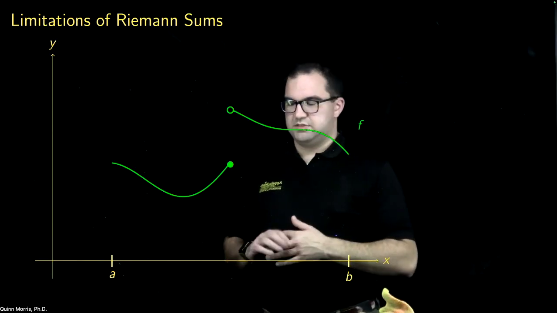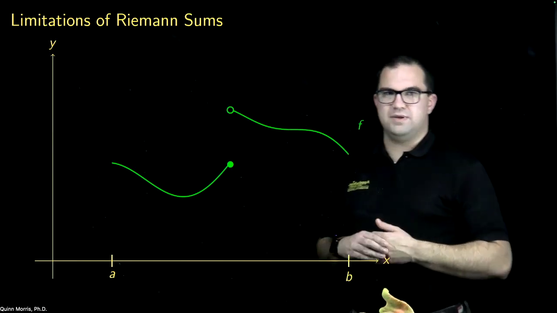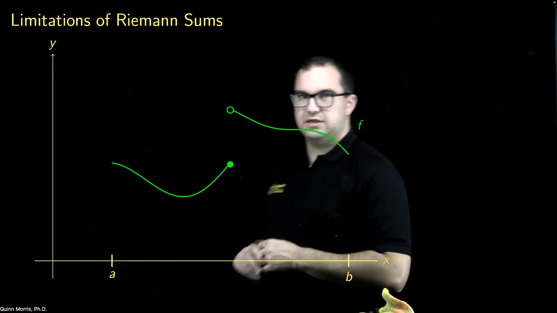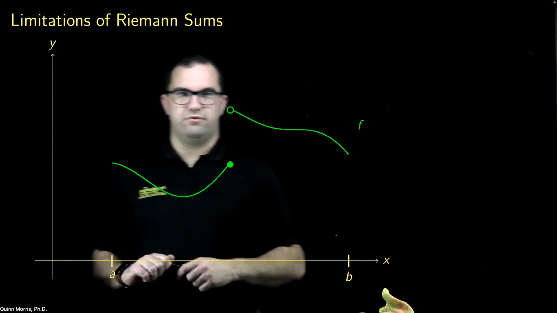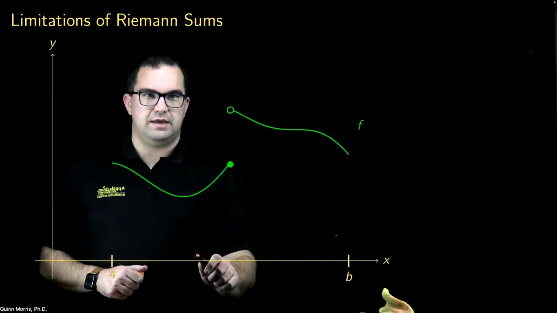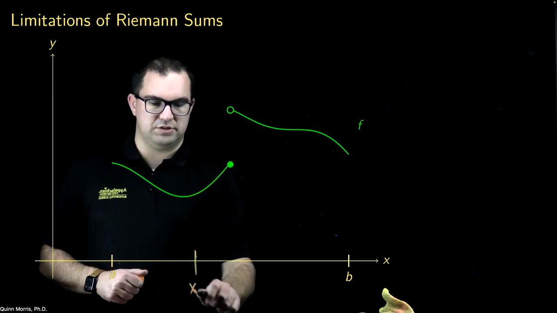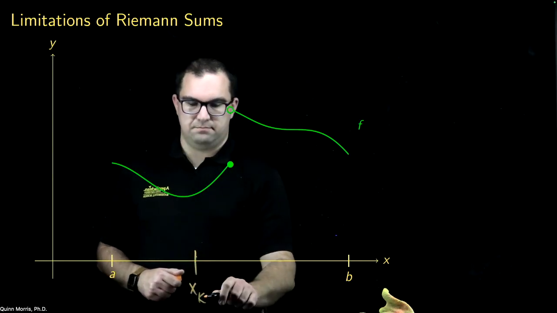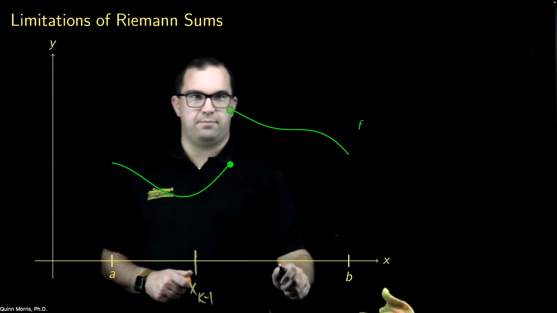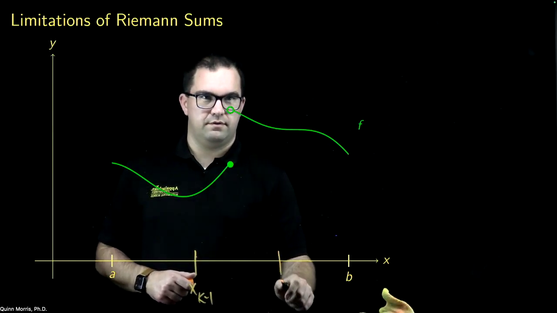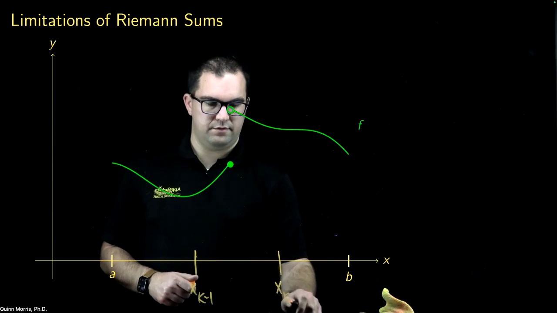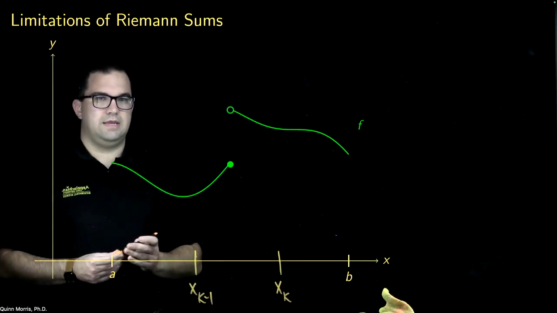Now, there are limits to Riemann sums, and to help us see one of those potential limits, let's come back to our motivating example here. And again, I'm just going to imagine for a second I'm on some subinterval of my partition here, and I'm looking here.